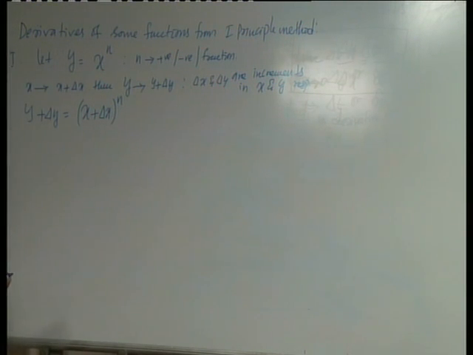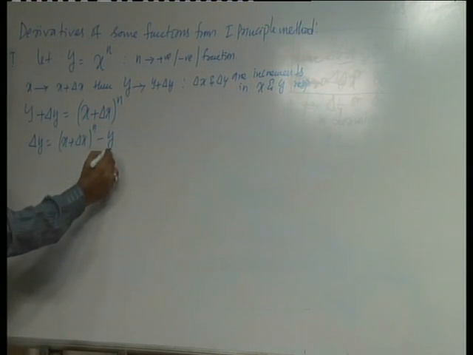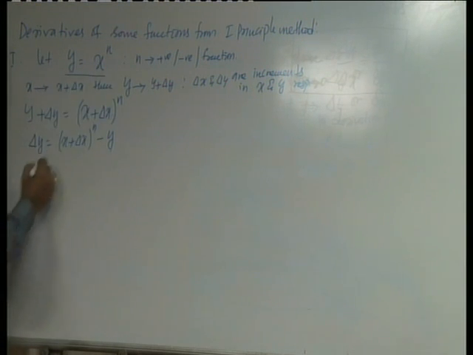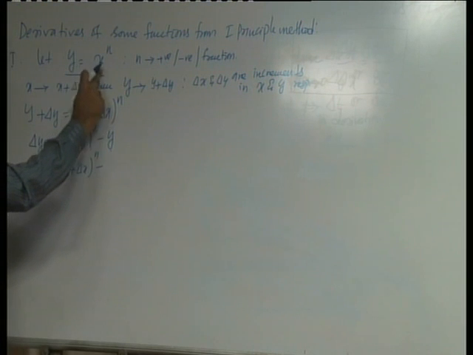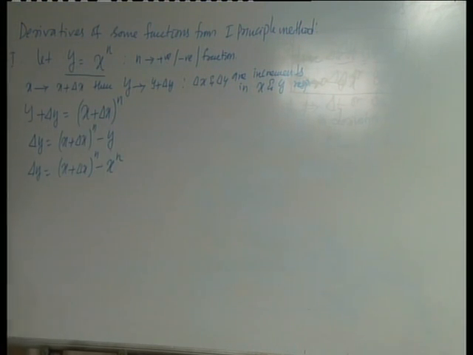Now, what is the next step? This is the first step, taking x as x plus delta x, then y becomes y plus delta y. The next step is, we have to take the y term to the right side. Therefore, delta y is equal to x plus delta x to the power of n minus y, where y is equal to x to the power of n.